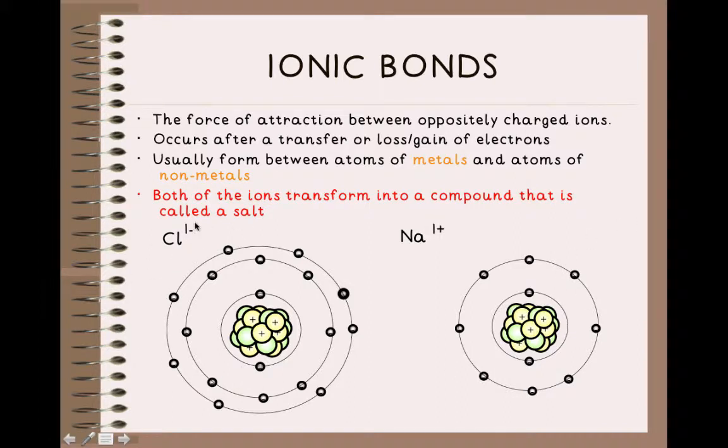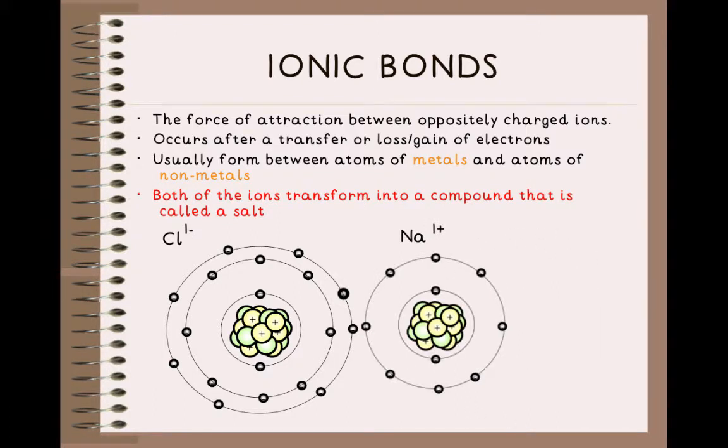Because chlorine gains an electron, it becomes more negative. Because sodium loses an electron, it becomes more positive. And notice that now that sodium has lost that electron, it regains a full shell of valence electrons, so now it's very happy. This combination forms a positive and a negative that are so attracted to each other that they cannot be separated. This compound is called a salt.